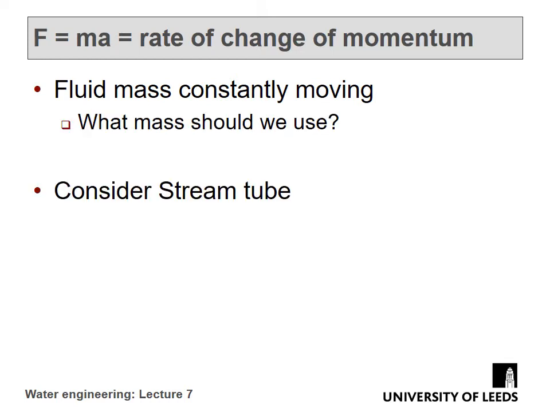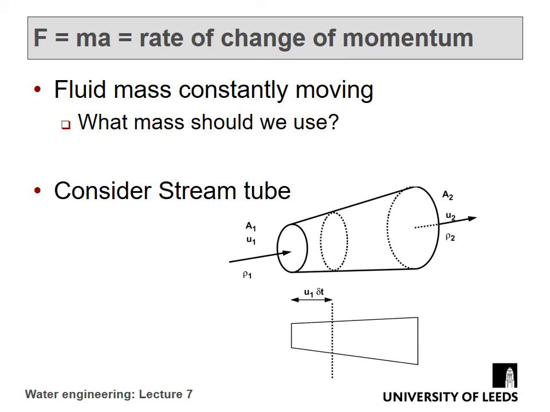What mass do we use for a fluid? Well, let's consider the stream tube. Section 1, fluid going in at section 1 and coming out at section 2, and we've got density going in, velocity going in, area going in, and these coming out, and they've all changed.